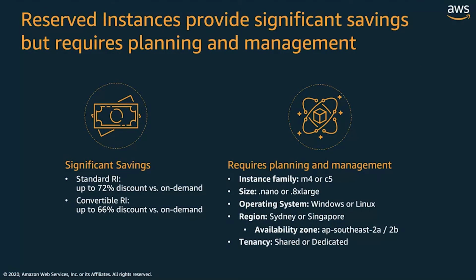So reserved instances are a well understood concept, been used for many years, and allow you to achieve those savings. For standard reserved instances, that can be up to 72%. With convertible reserved instances, during the lifetime of the contract, whether that's 1 year or 3 year, if you decide that you don't need that particular type of instance anymore, you can convert them into other instances.